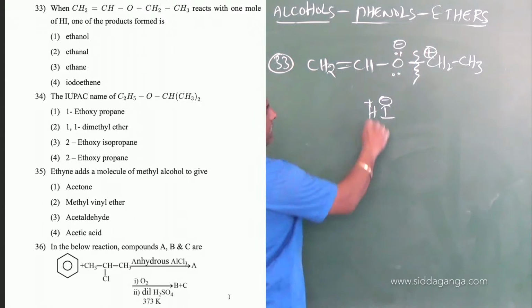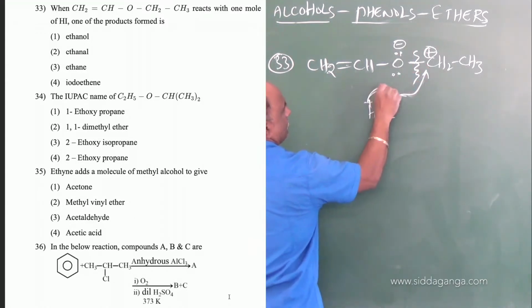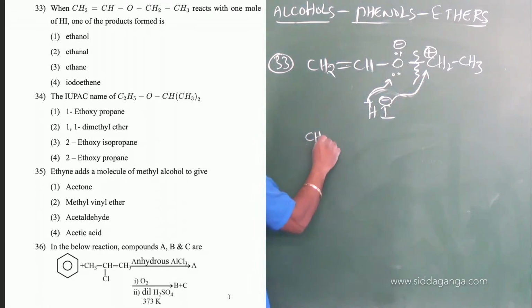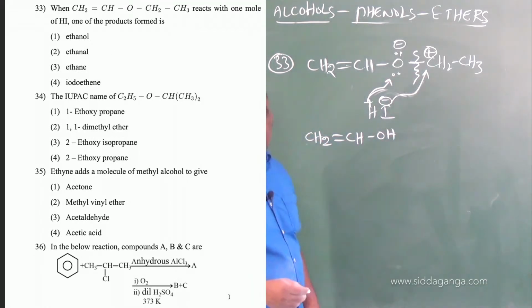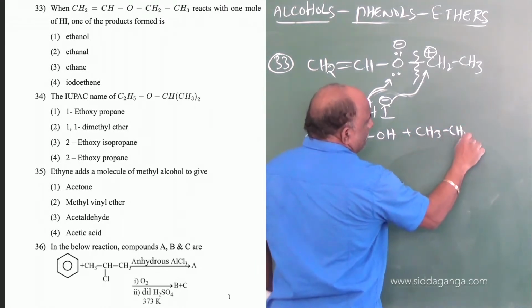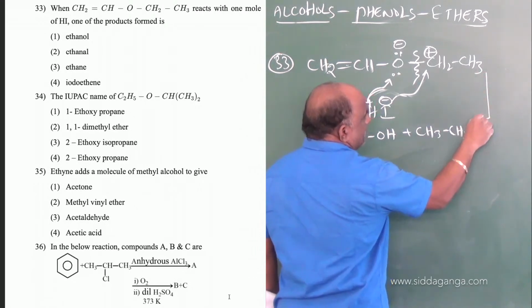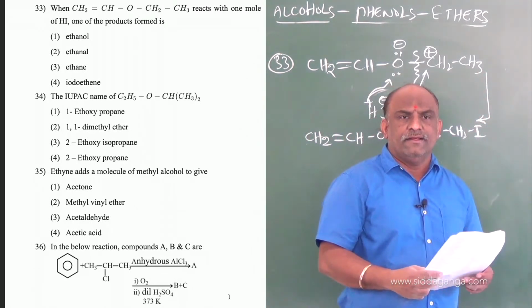Then what will be the product? I goes to this side and H goes to this side. Then the answer is CH2=CHOH, vinyl alcohol, plus CH3CH2I, ethyl iodide. Vinyl alcohol and ethyl iodide.